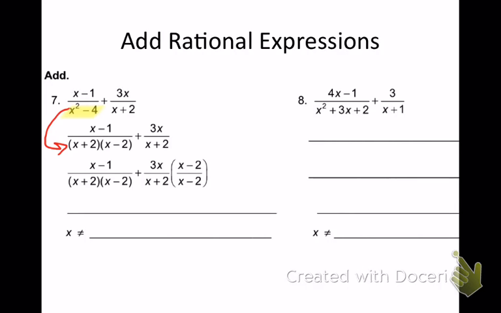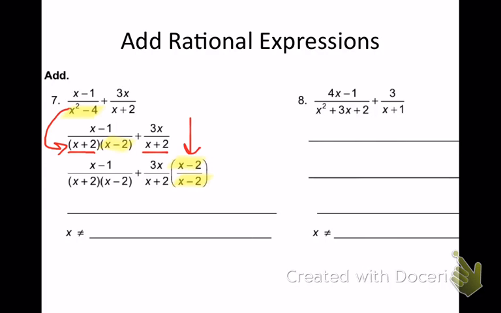Okay, now I'm going to look at it. What do they both have in common? They both have an x plus 2 in common. So what am I going to multiply the right fraction by? What's the right fraction missing? X minus 2 over x minus 2. So I'm going to multiply it by x minus 2 over x minus 2. Is everybody good with what I've done there so far?